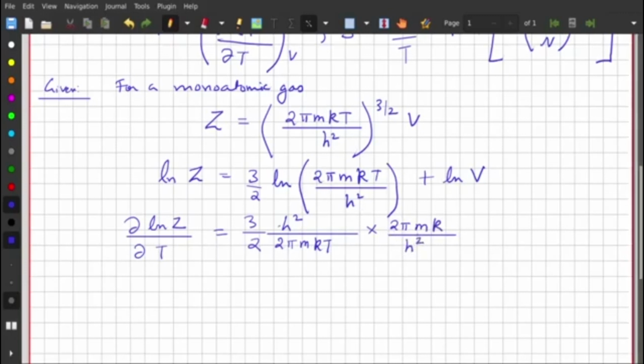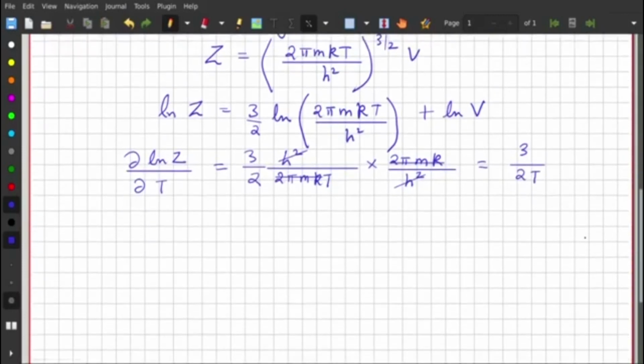Okay, so basically h square gets cancelled, 2 pi m k gets cancelled, and we are left with 3 over 2T. Okay, so the internal energy becomes 3 over 2T.